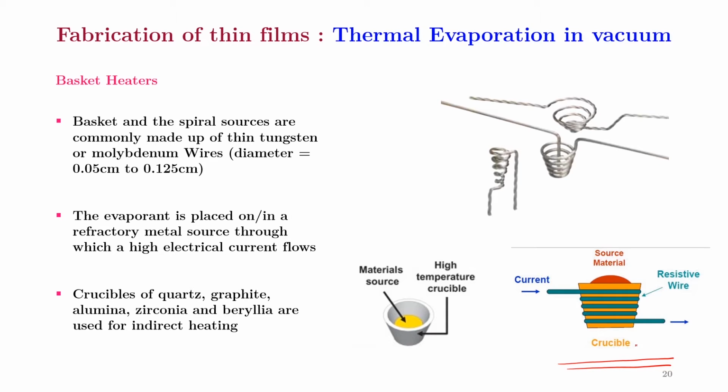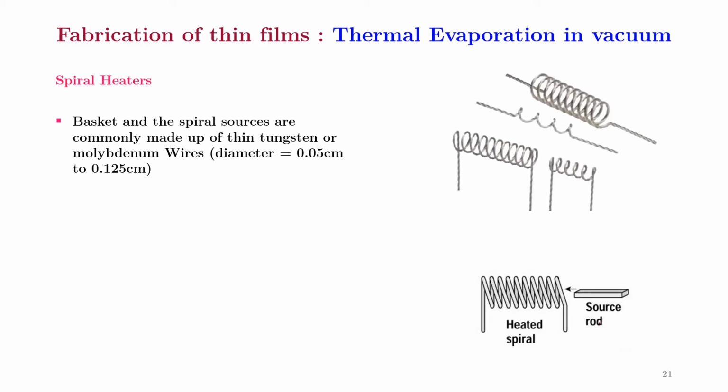Crucibles of quartz, graphite, alumina, zirconia, and beryllia are used for indirect heating. In the case of spiral heaters, we'll place the source rod inside the heated spiral. The source rod will then evaporate and get deposited on the substrate.